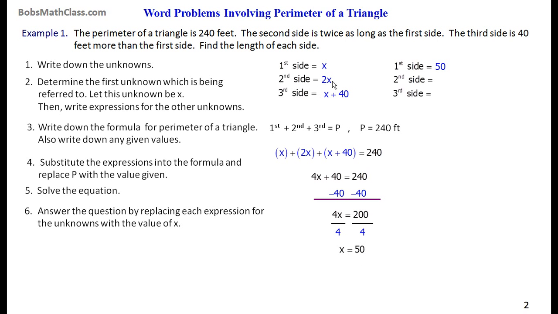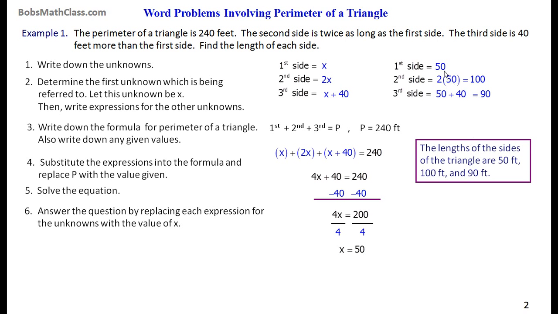X is 50, so 2 times 50, 100. The third side is x plus 40. X is 50, so 50 plus 40, 90. So the length of our three sides are 50 feet, 100 feet, and 90 feet.